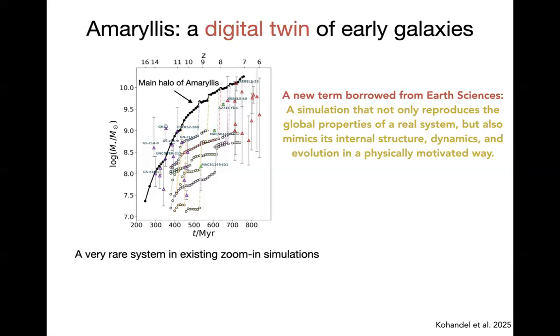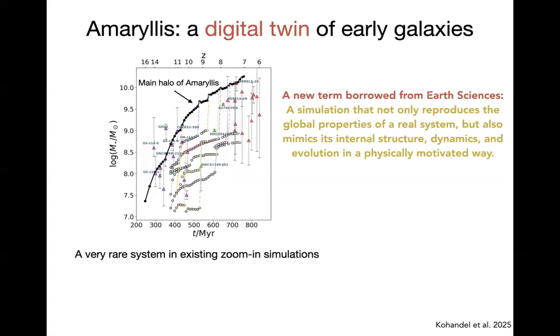It's basically a simulation that is not only producing the integrated properties of a galaxy, but can also resemble their internal properties and dynamics. So going into a bit more detail on the properties of the galaxy rather than only producing, for instance, the stellar mass, star formation rate, or total O3 luminosity or any emission luminosity.